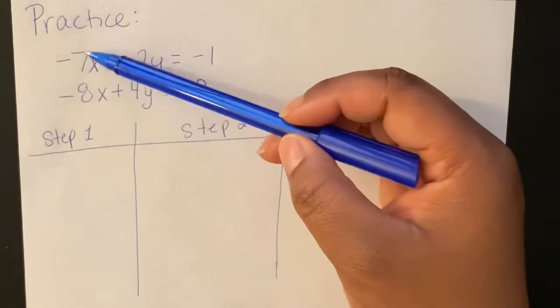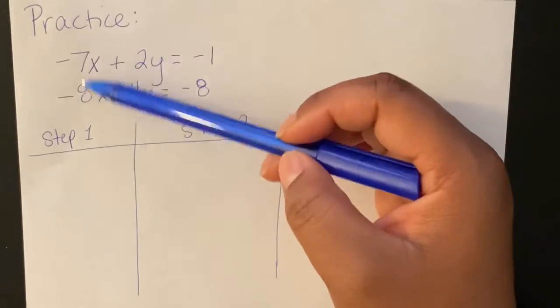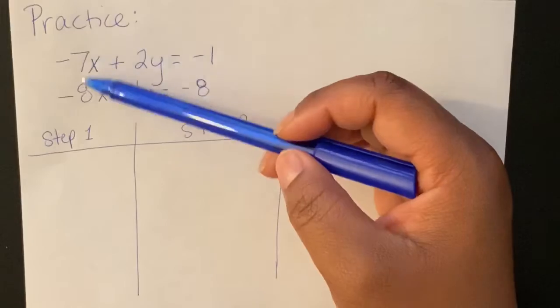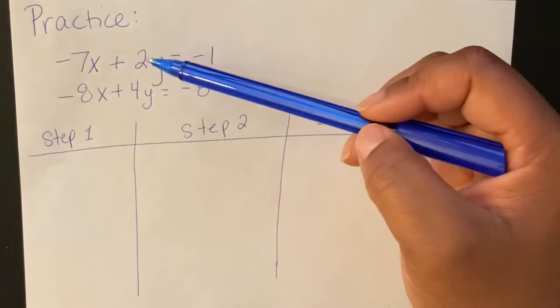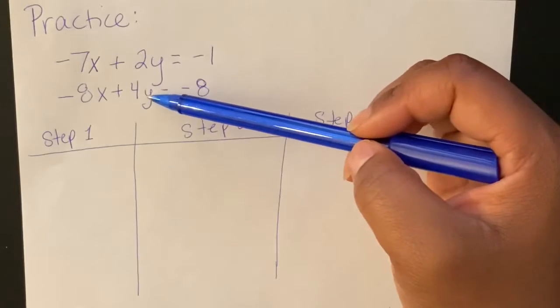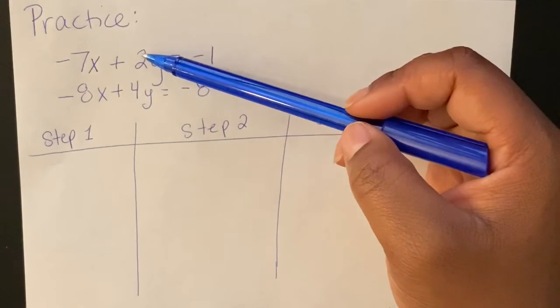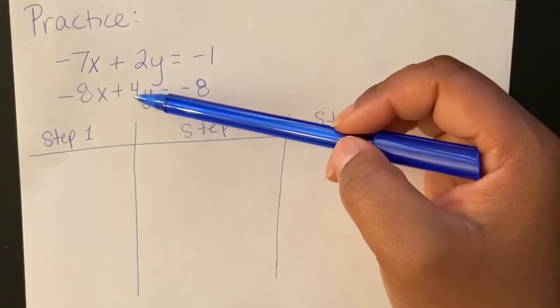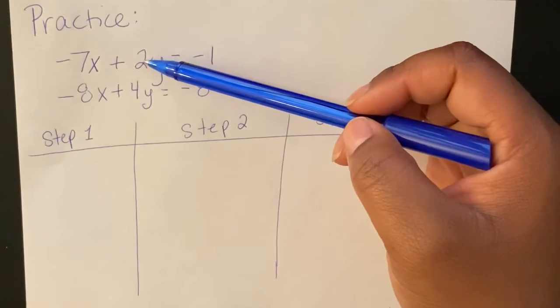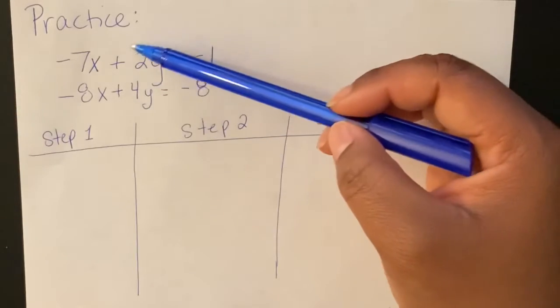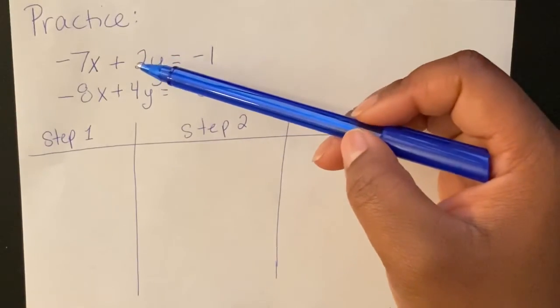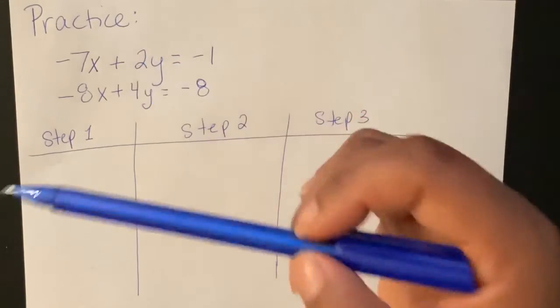I cannot make one of these x's the other, so that I can cancel them out. If I look at 2y and 4y, I can make a 2 a 4 by multiplying by 2. So here, y is the easiest one to eliminate because I can make 2 a 4. That's what you're trying to look for.